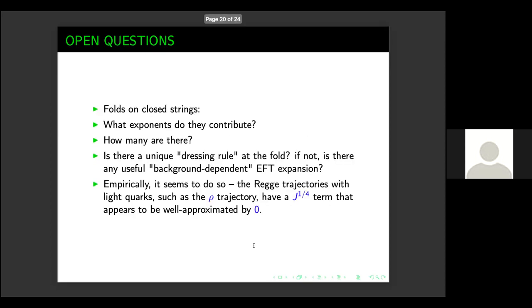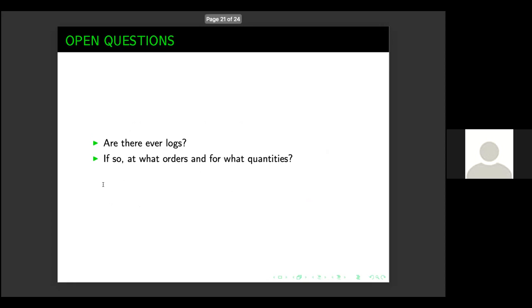But empirically, the J to the 1/4 coefficient vanishing actually is quite a reasonably good approximation, it seems, for meson trajectories involving light quarks only, such as the rho trajectory. The J to the 1/4 term is fit with data to 0 to a very good approximation. So is there any sense in which chiral symmetry forces that coefficient to be small or 0?